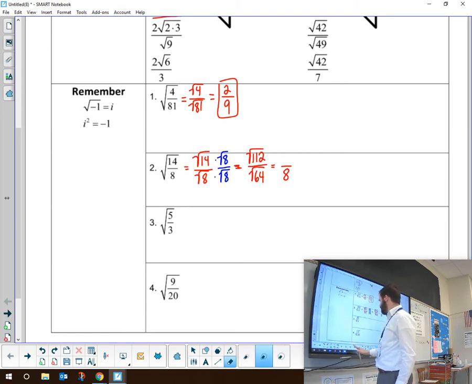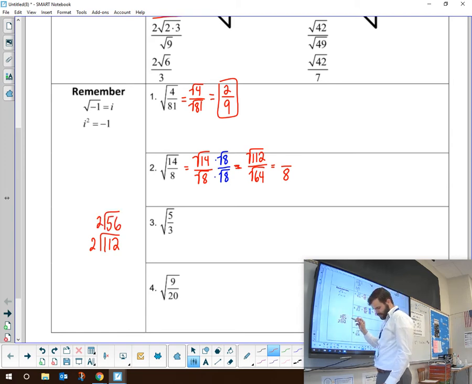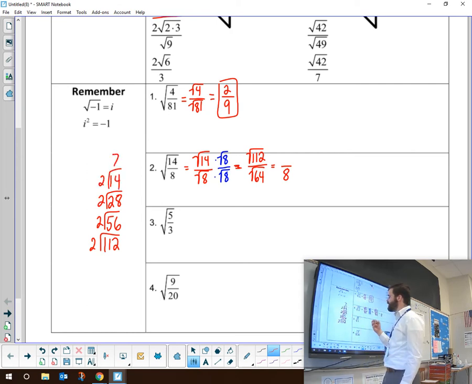I'm going to put 112 down here. 112 divided by 2 is going to give me 56. 56 divided by 2 is going to give me 28. 28 divided by 2 is going to be 14. 14 divided by 2 is going to be 7.